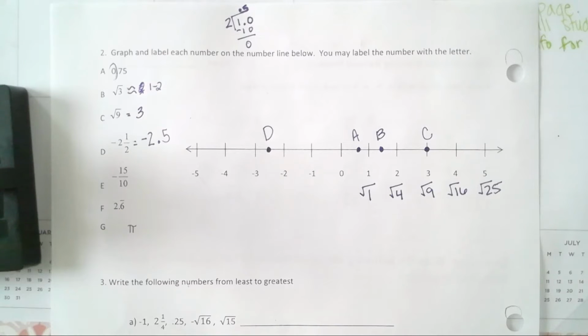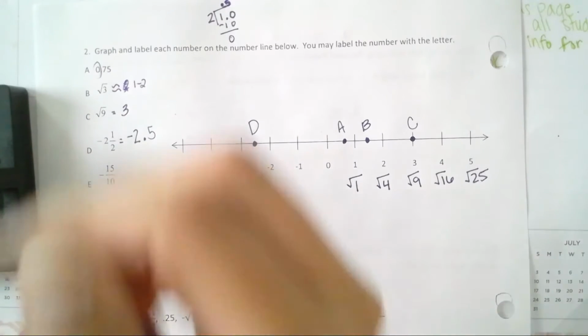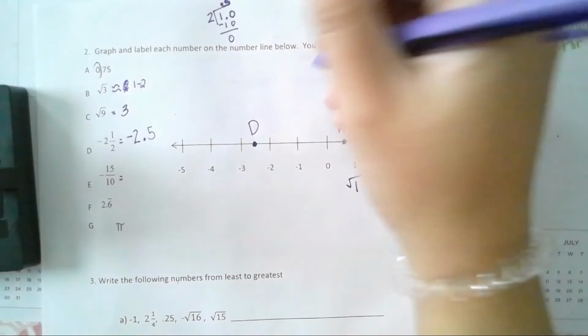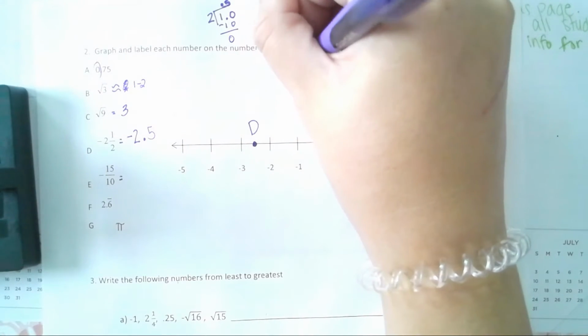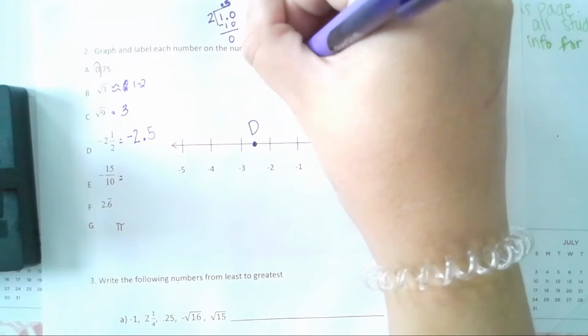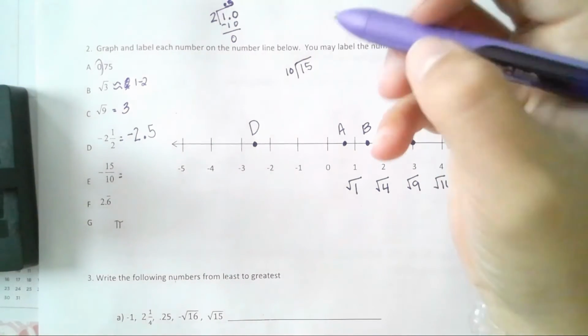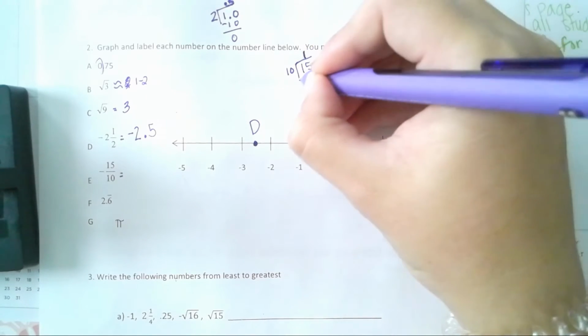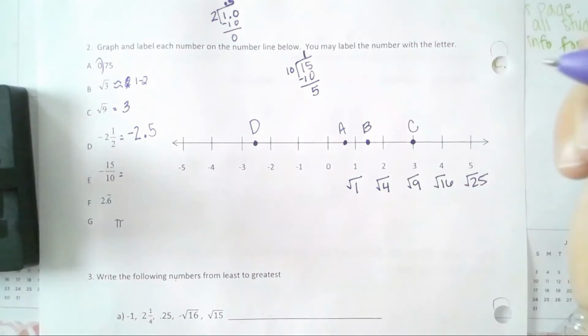Okay. Next one, negative 15 over 10. So this is a fraction, so I do want to change it to its decimal form first. I'm just going to do this off to the side. I'm going to take 15 divided by 10. 10 goes into 15 one time. However, I do have a remainder.